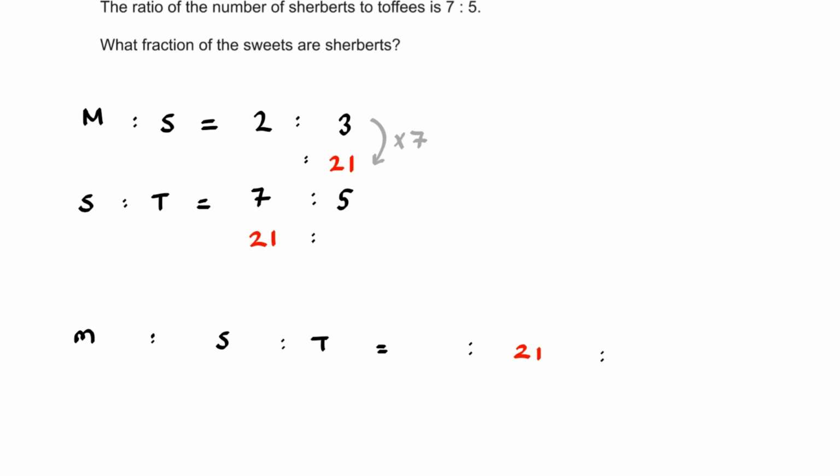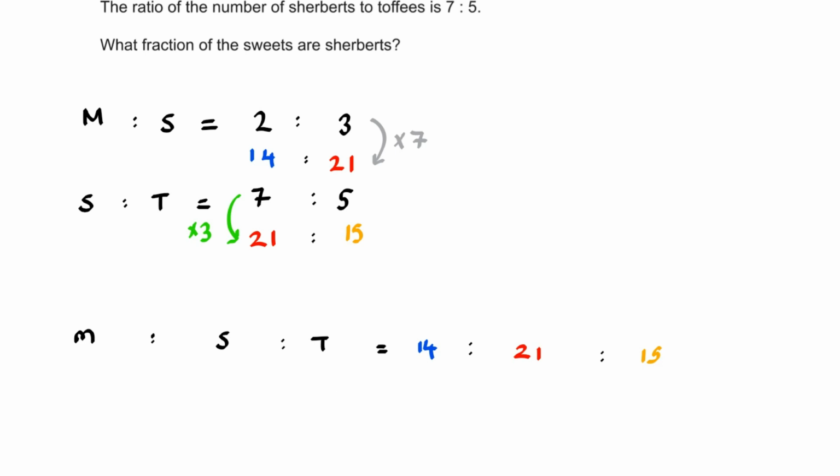So 2 times by 7, that's 14. So we've got 14 mint. And to go from the 7 to the 21, we times by 3. And therefore 5 times by 3, that's 15. So we've got 15 for T.